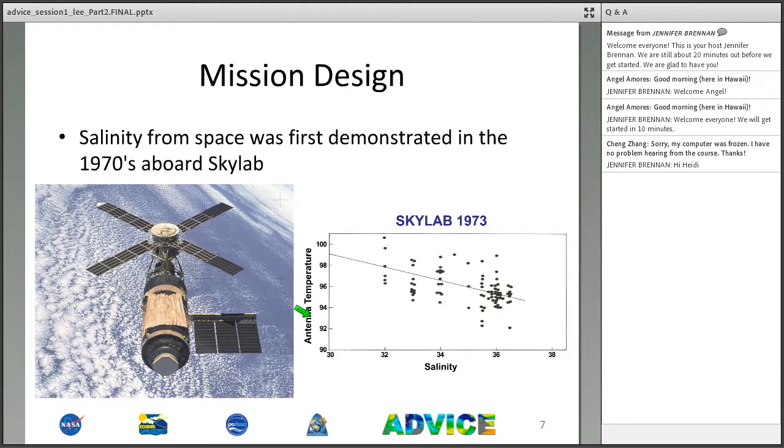Now, antenna temperature is basically a measure of the brightness temperature, but it's affected by the incidence angle and atmospheric absorption. So after correcting for the incidence angle and atmospheric absorption effect, one could derive estimates of the measured brightness temperature from this antenna temperature.